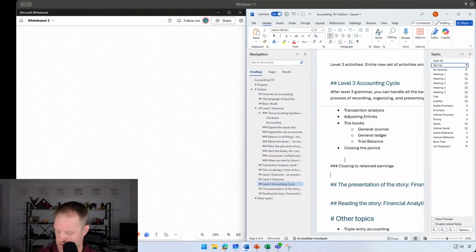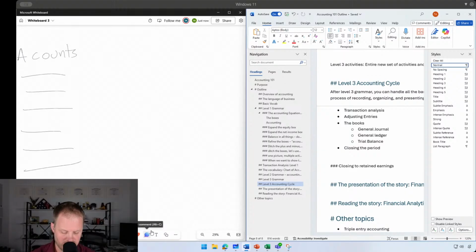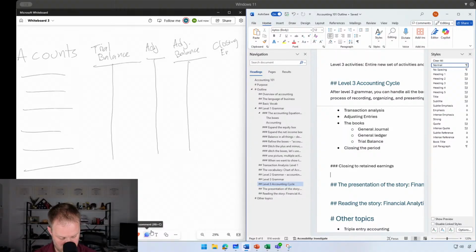Okay, so then the next picture is this idea that we've got accounts, and then you've got your trial balance, and then you've got adjusting entries, then you've got your adjusted balance, and then the idea of closing entries, and then you've got your post-closing balance.